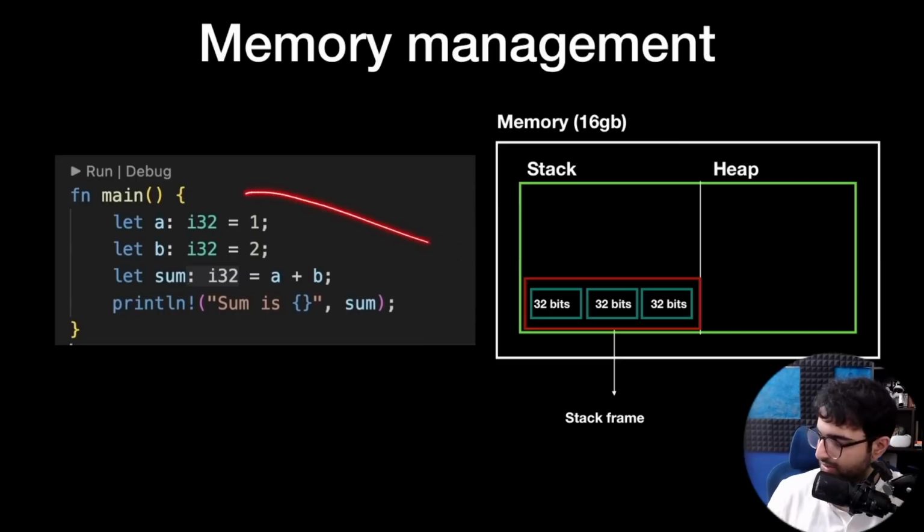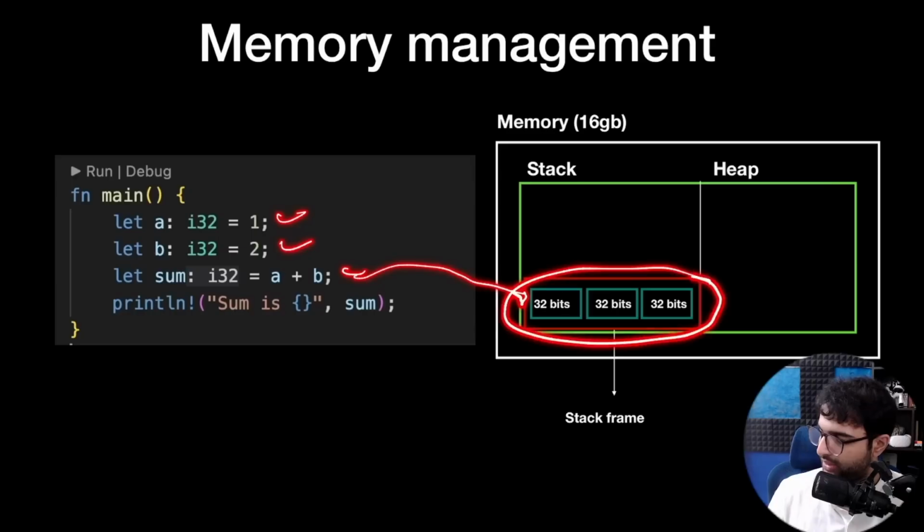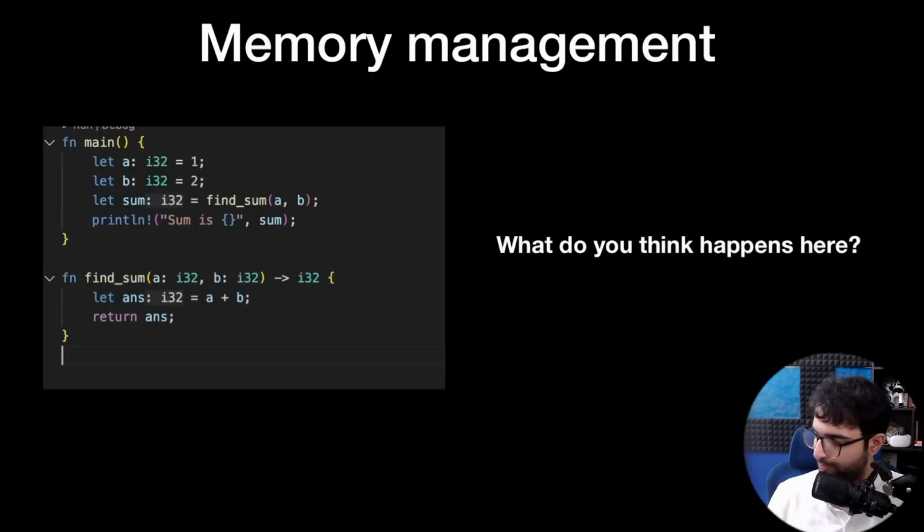You would have a single stack frame for the main function. You will have 3 variables that you've put over here. And when the program executes, this is the amount of memory that you're taking. That's 32 plus 32 plus 32, 96. When the program executes and ends, then this memory is eventually freed. That is how you would describe the memory of this program.